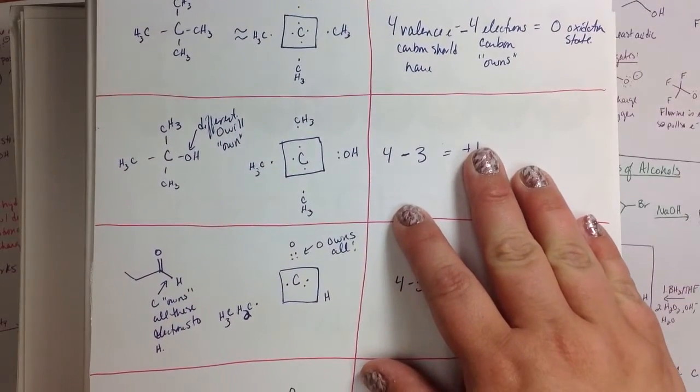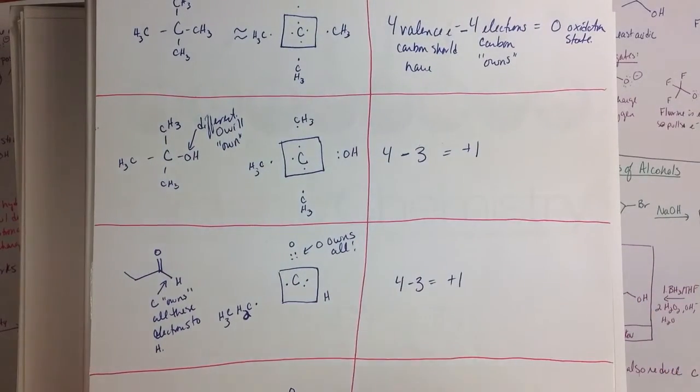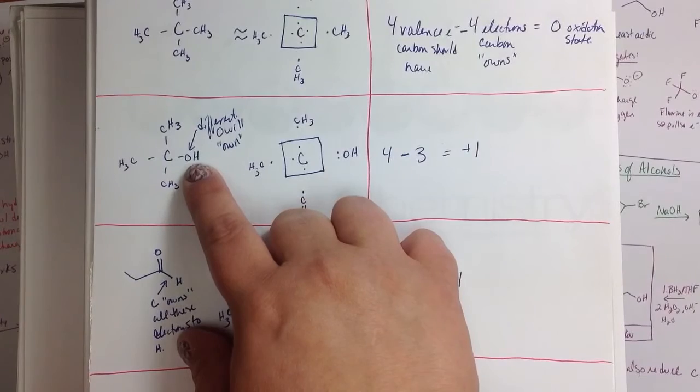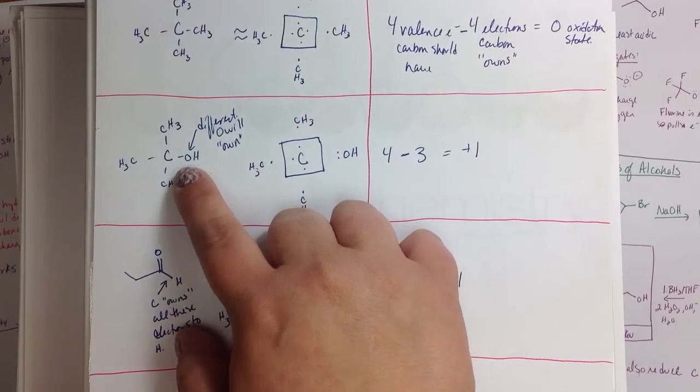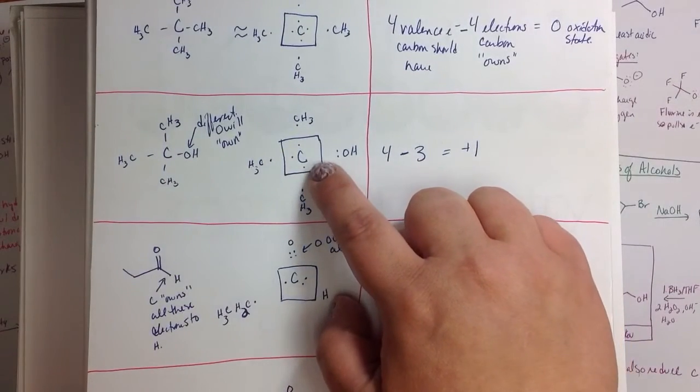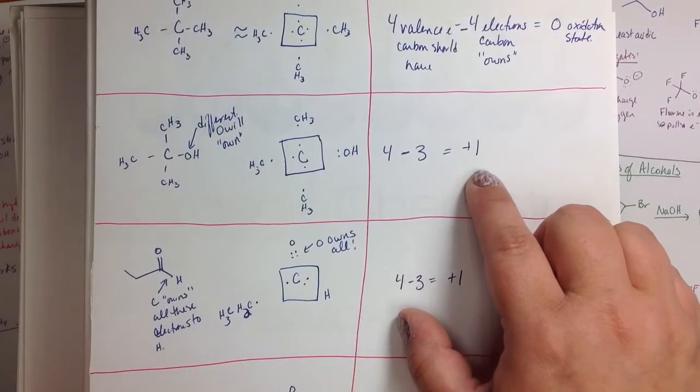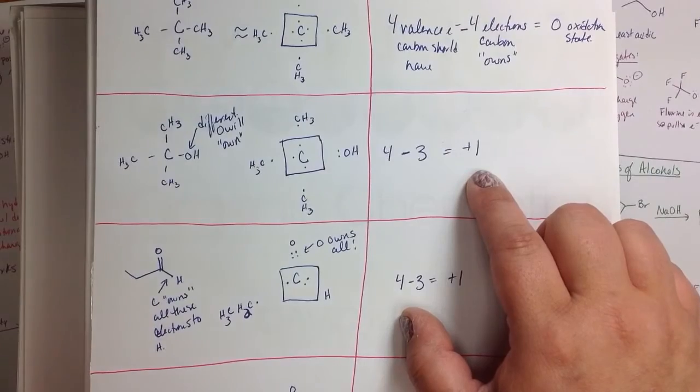But surprise, surprise, things change when you start to bond to oxygen, hence the term oxidation state. Because we say that oxygen sort of owns both of those electrons in that bond. So now carbon only has 3 around it. So that's 4 minus 3. That's a +1 oxidation state.